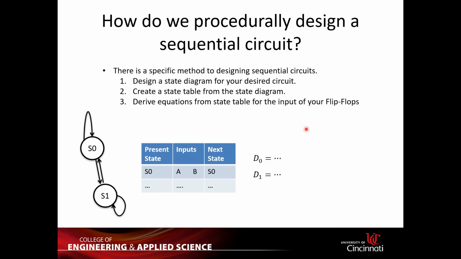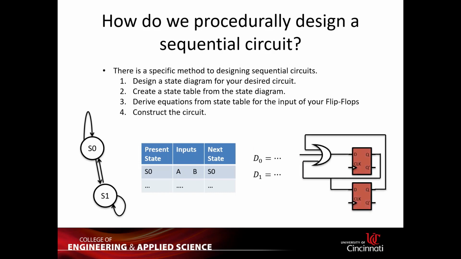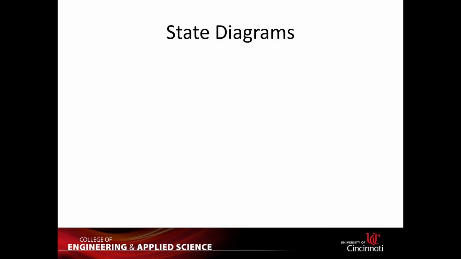So let's say, the inputs of your flip-flops, because we can actually use J, K, and T also. So for example, if you use a D flip-flop, you need to come up with the equation for the input D, and finally you make the circuit. Okay, so we're going to start learning about each different element in here.